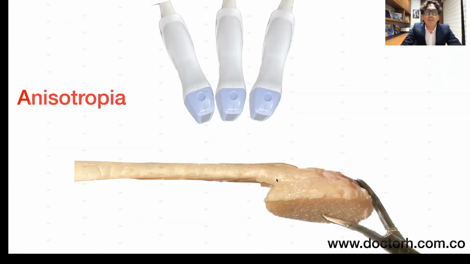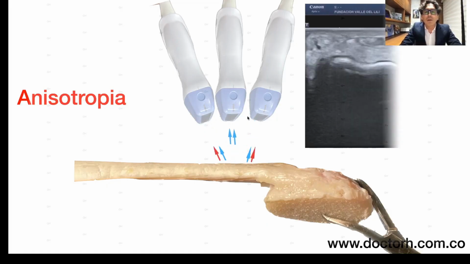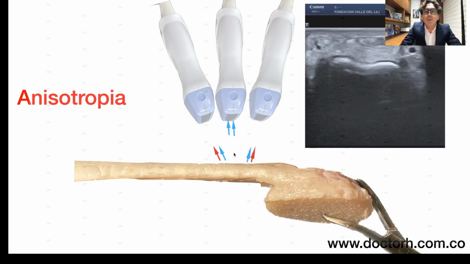So if I have a tendon and I place my probe in these three positions, the image I will see on my ultrasound depends on how the ultrasound is reflected perpendicularly. So in this case, we'll get this image because it's very perpendicular.